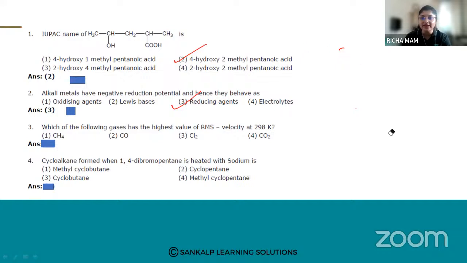So, next question, read out. Which of the following gases has the highest value of RMS velocity at 298 Kelvin?